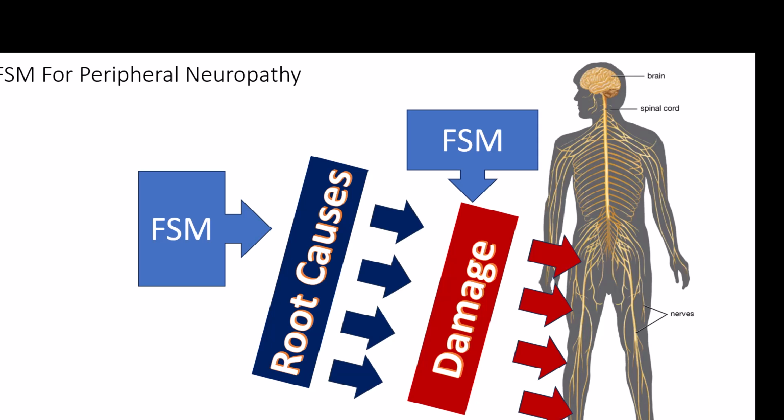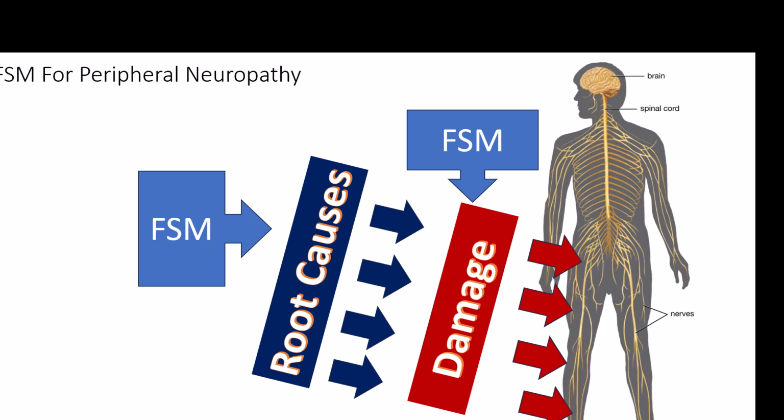I've given examples such as a peripheral neuropathy associated with a chronic infection. In that case, you would use the FSM protocols for infections in addition to treating the nerve directly. I also gave an example of a peripheral neuropathy caused by pressure on a nerve from a herniated disc.